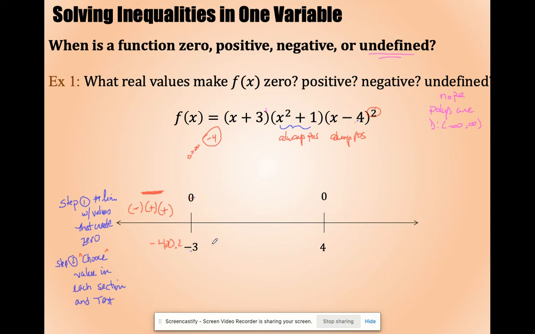What happens after -3? Choose a number in between here, maybe like 0. So I'm in the second section. Think 0. 0 plus 3 is positive. I already know the other two factors are always positive. What is a positive factor times a positive factor times a positive factor?